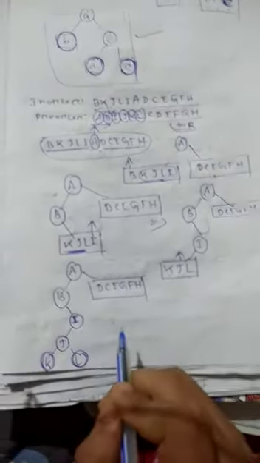Next this is K, so K is already single. No changes. Similarly next L, L also single, no changes. Same tree is there.